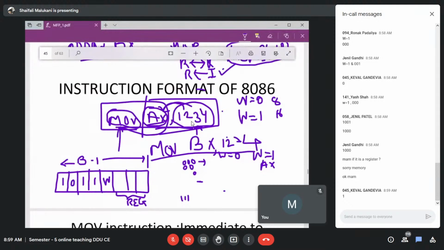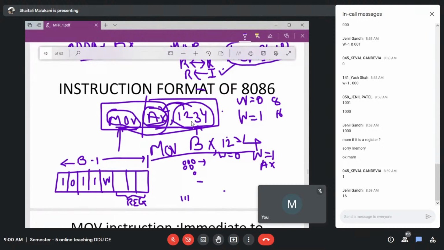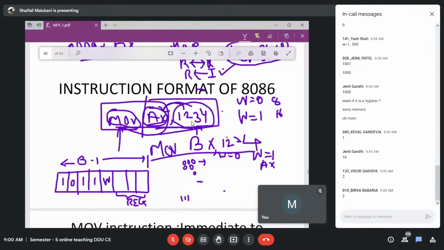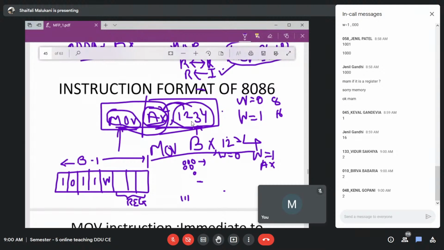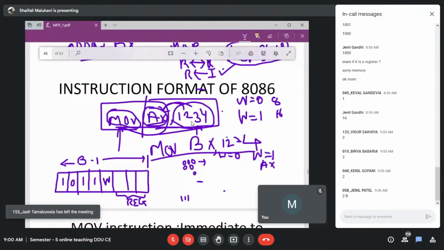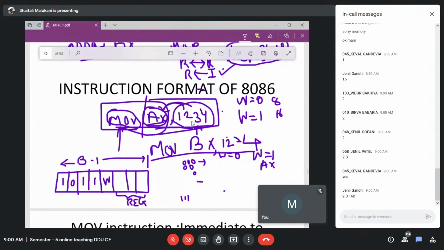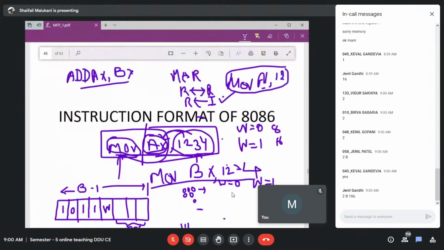1 byte, 16 byte, 2 byte. Yes, 2 bytes. True, 16 bits. It is 2 bytes, which is 16 bits, right?